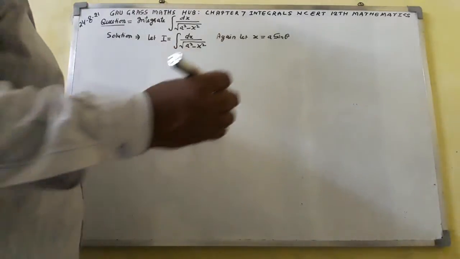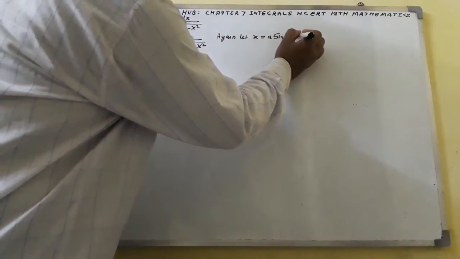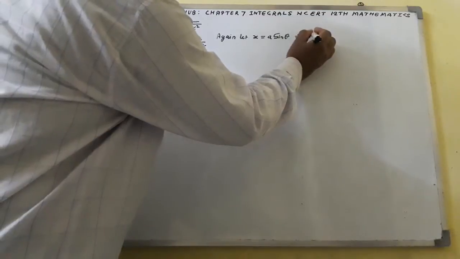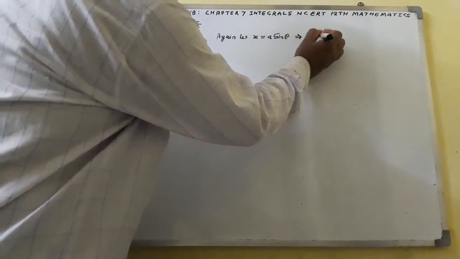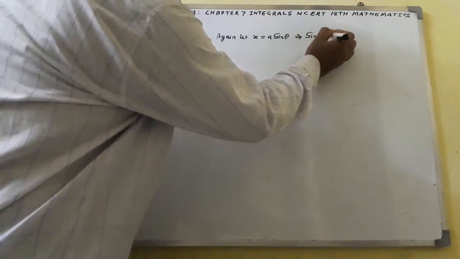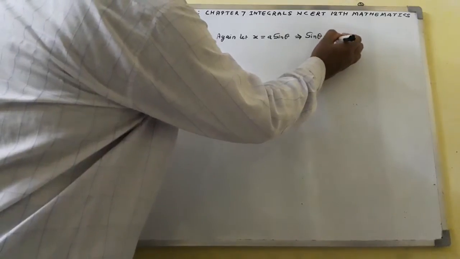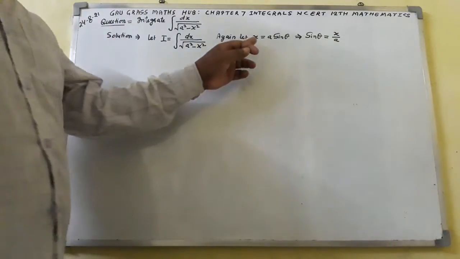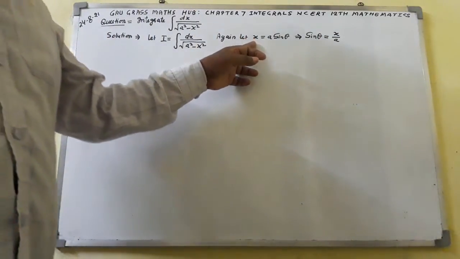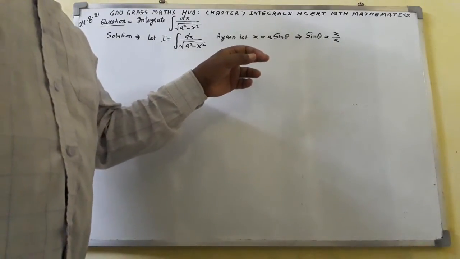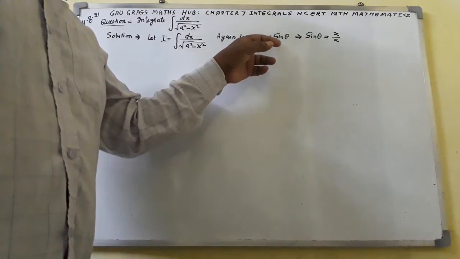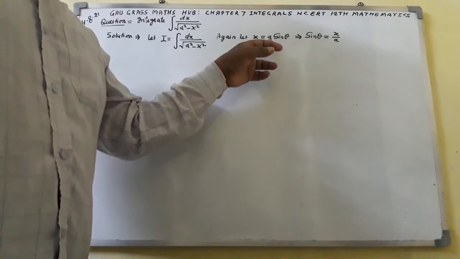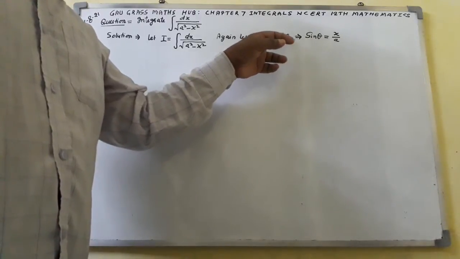What will we do next? This implies that sin theta equals x over a. Here you can see x is on the left hand side, and a is a constant multiplied by sin theta.